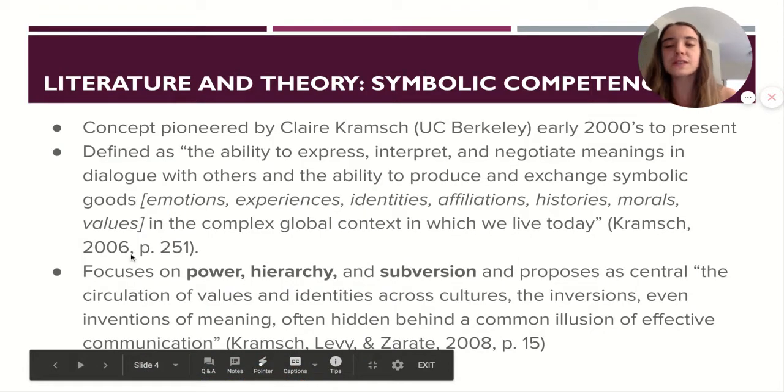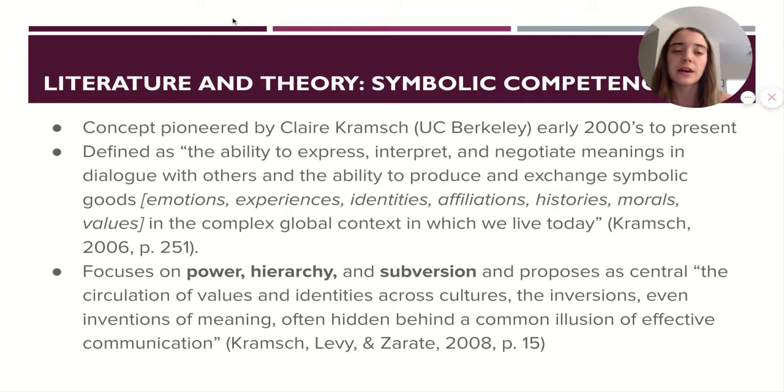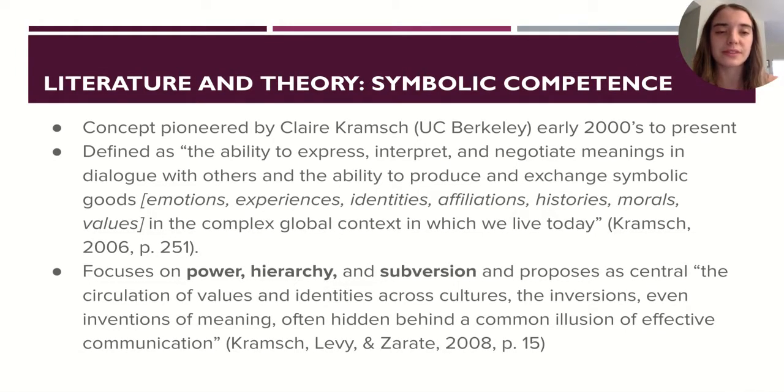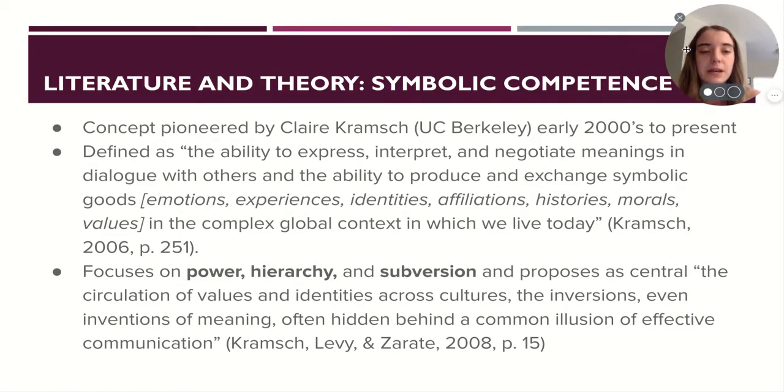All right, so a little bit of literature and theory. I'll start with symbolic competence because that tends to sometimes be the one that people are less familiar with. Sometimes people are really familiar with the new literacies train of thought, but haven't really heard of symbolic competence. So it's a concept that's almost exclusively pioneered by Claire Kramsch over at Berkeley, starting in the early 2000s up to the present.